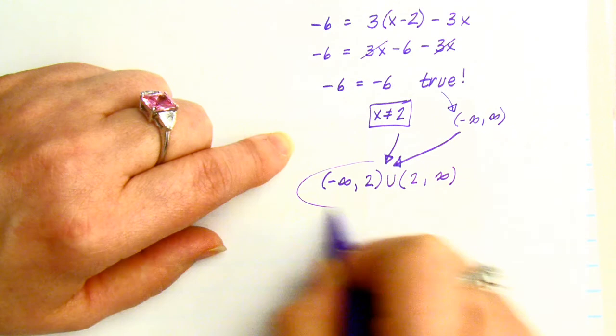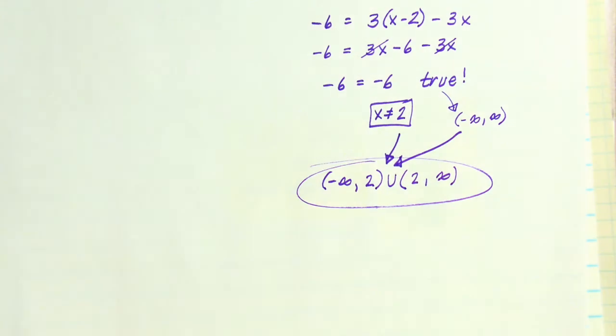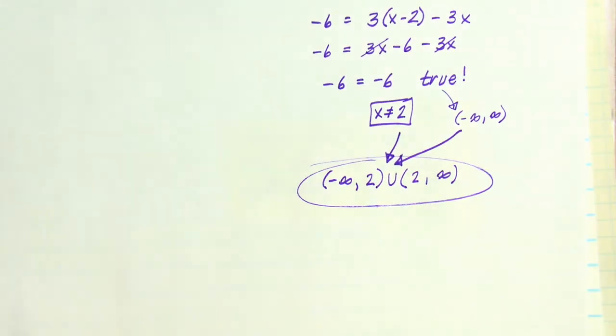So that's my solution set. All right, we write it in interval notation, kind of like the domain, because X can be anything. Okay, it's not just limited to 1 or 2 values.